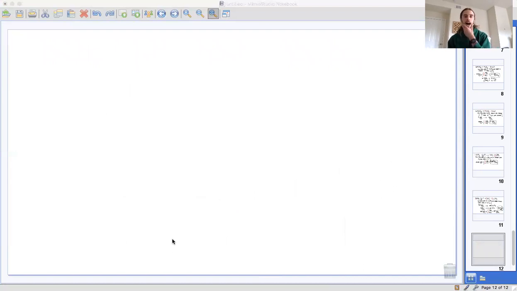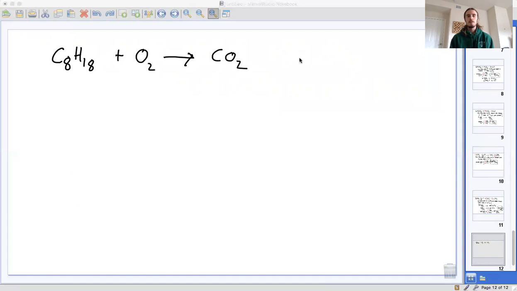Number 8. Number 8 is about octane, the combustion of octane. So let's look at that equation. So octane, C8H18, we're going to burn it. So that means we're reacting with oxygen. And that means we're going to make CO2 and water. Let's see, 8 carbons, 18 H's, so I need a 9 here. 8 times 2 is 16, plus 9 is 25, so I need a 25 over 2 here.